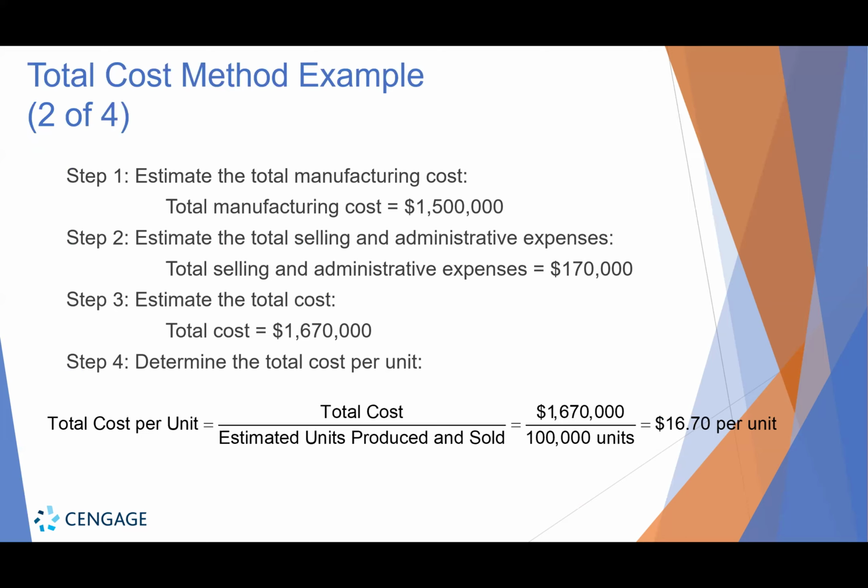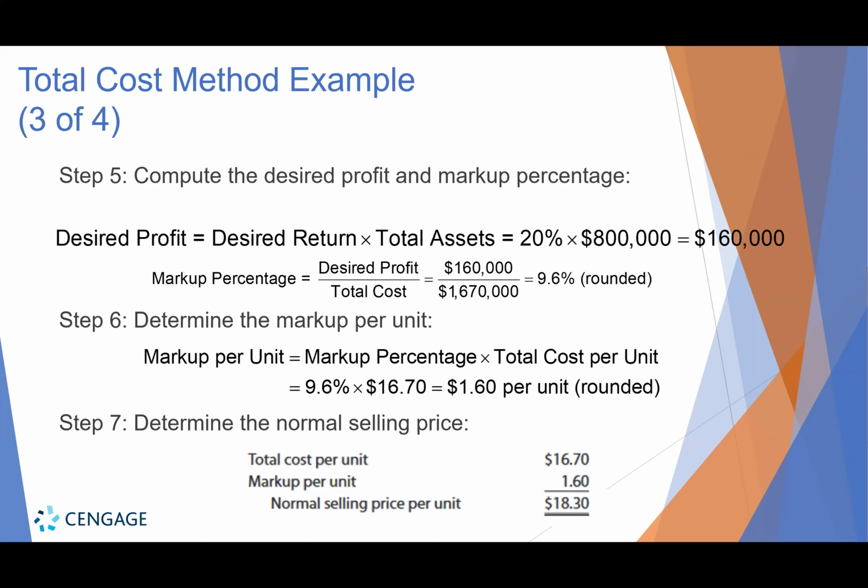So based on this, if we take our total costs, our manufacturing costs, our selling and admin, we take that 1,670,000 divided by how many we're producing. We come up with our cost of $16.70 per unit.